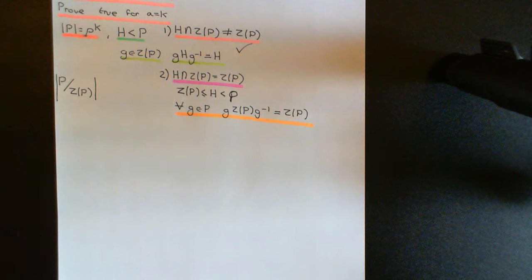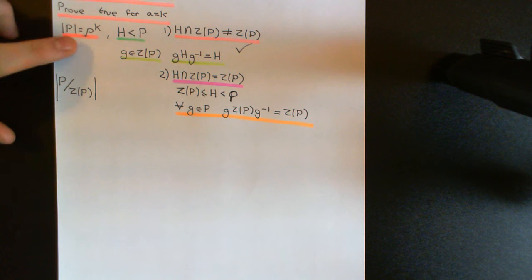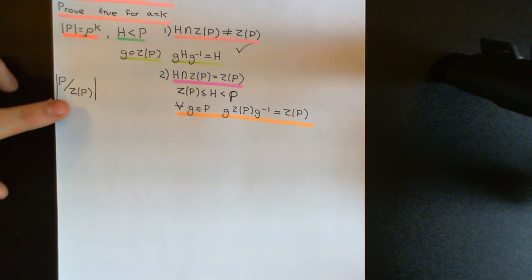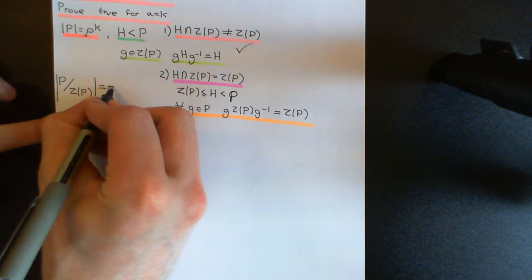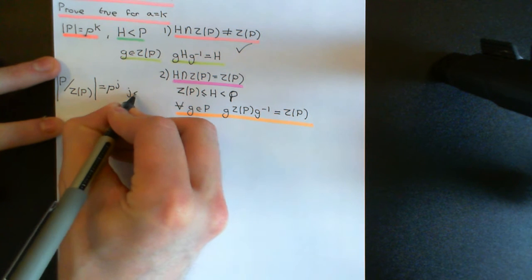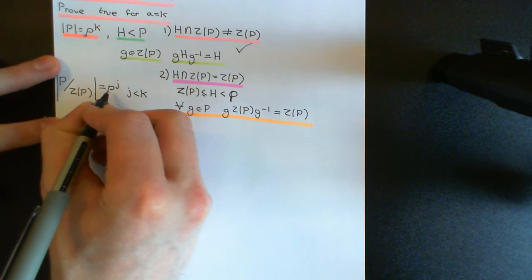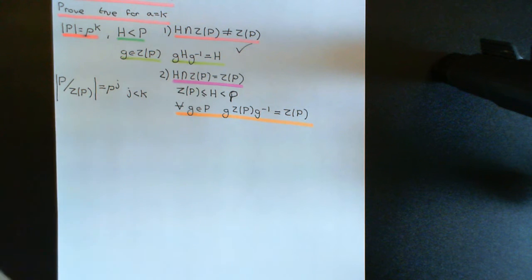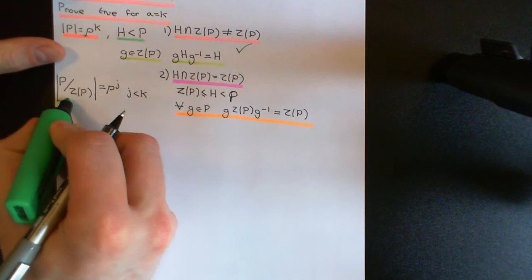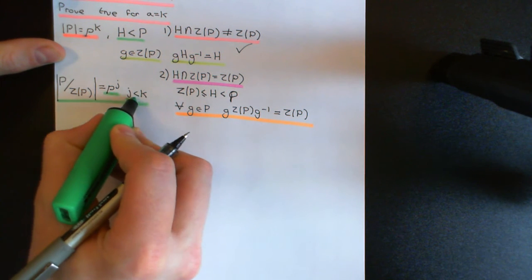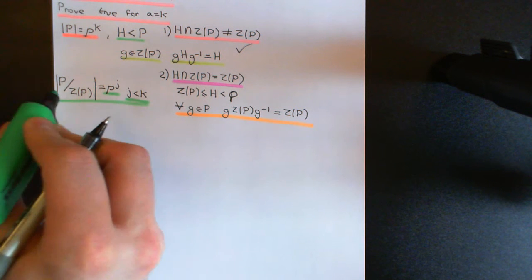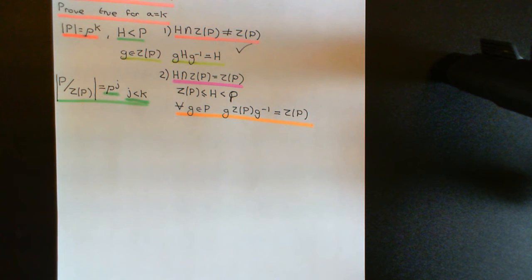Now by Lagrange's theorem, its order must divide the order of the group, so it must be some power of P. So when we ask about the order of the quotient group here, it's going to be the order of capital P, which is P to the K here, divided by some power of P. So this is going to be P to the power of J, and the key thing here is that J is less than K. I can't say exactly what it is because I don't know what the size of the centre of P exactly is, but what I can say is it is not P to the K. It's strictly less than P to the K, because the centre of P is not the trivial subgroup here.